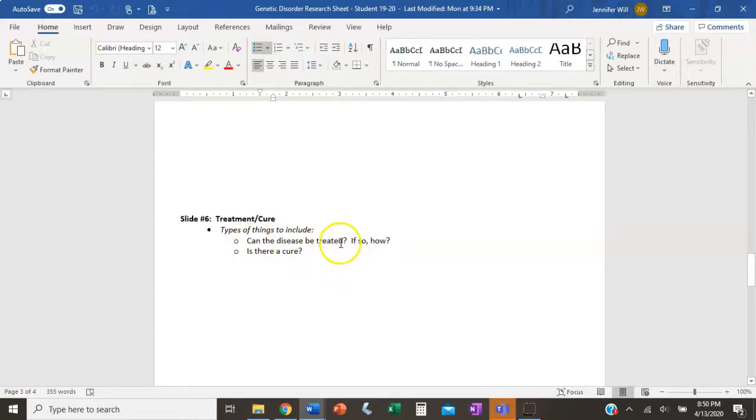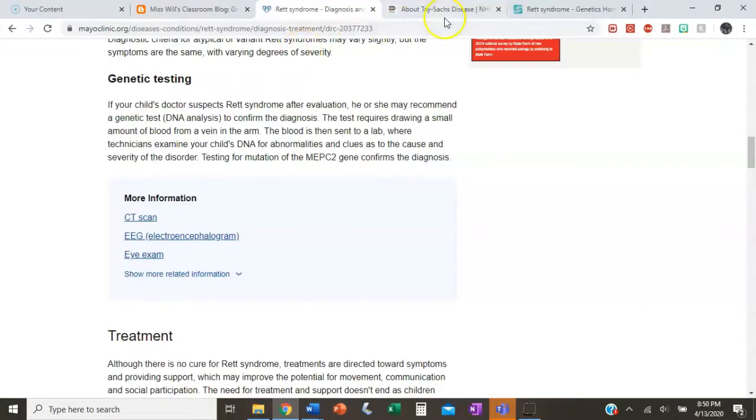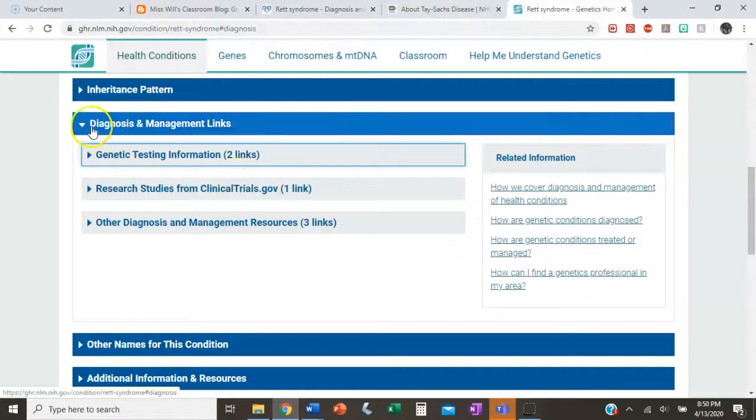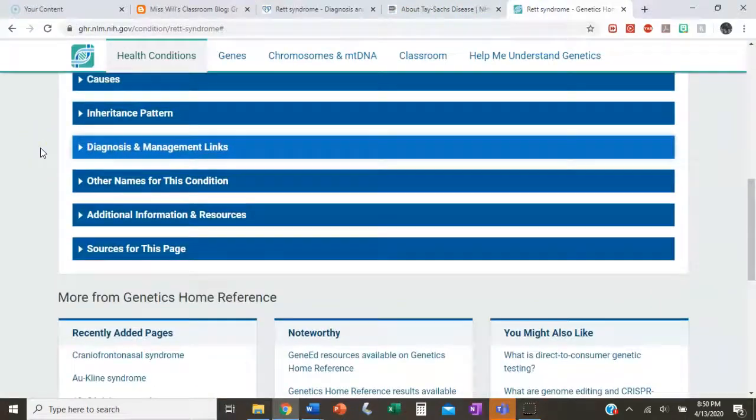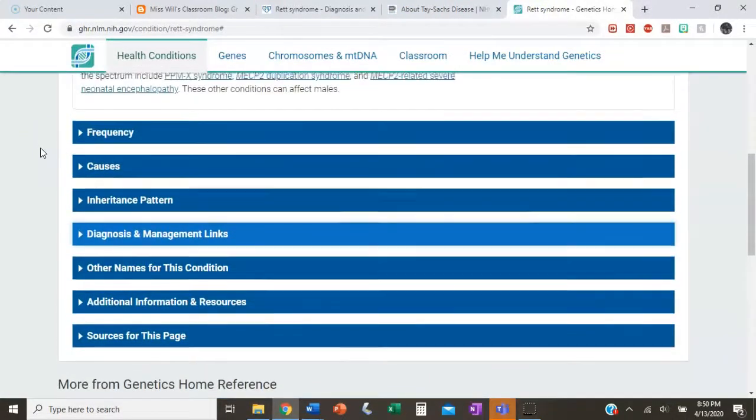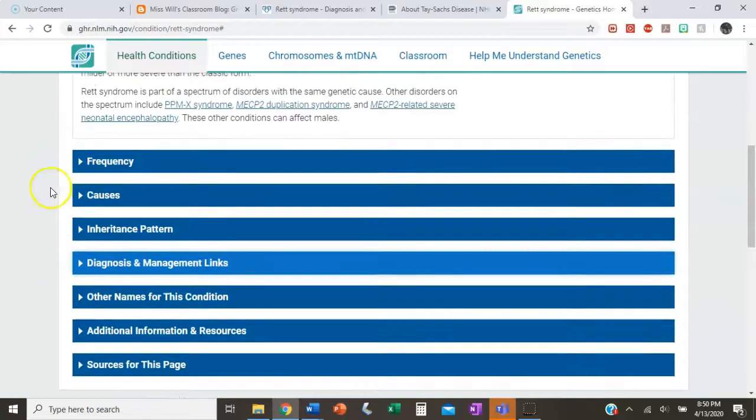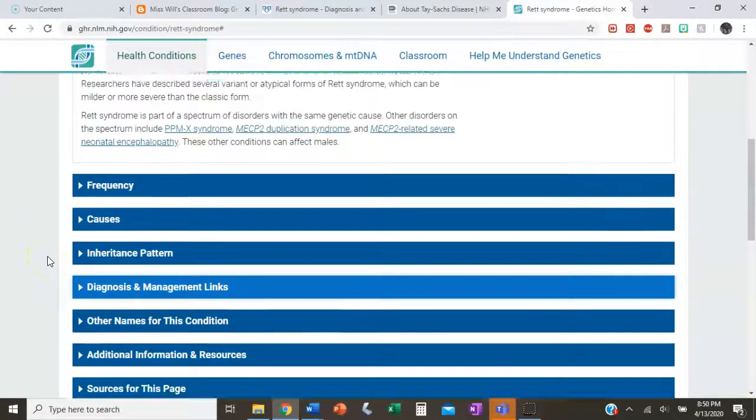So can the disease be treated, and if so, how? Is there a cure for this disease? So those are the things you're going to look for there. And so we can go back to our original, and sometimes they will have a thing here that talks about treatments.